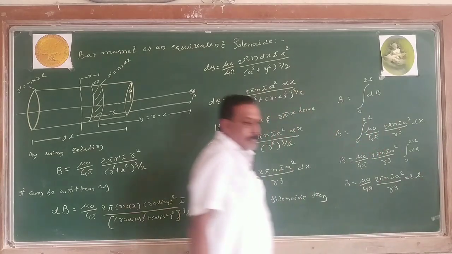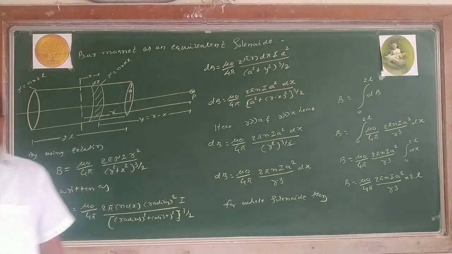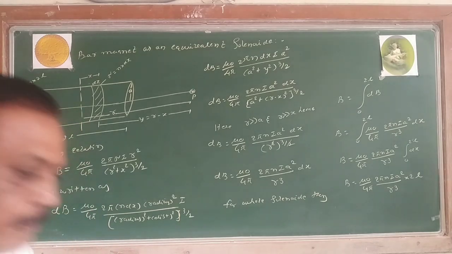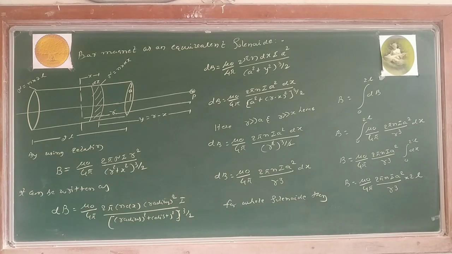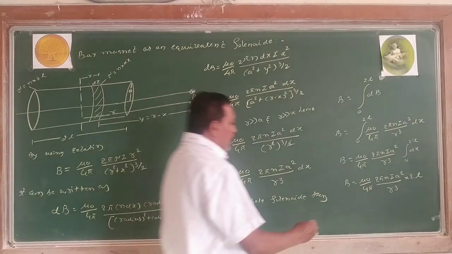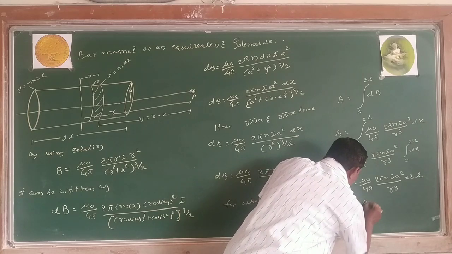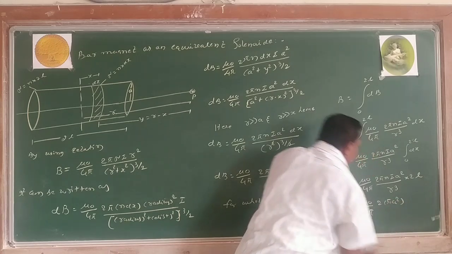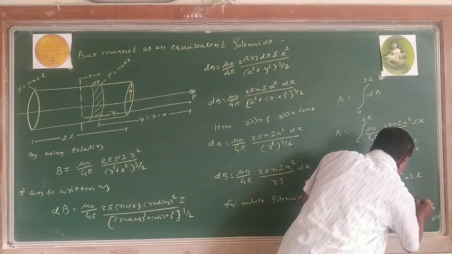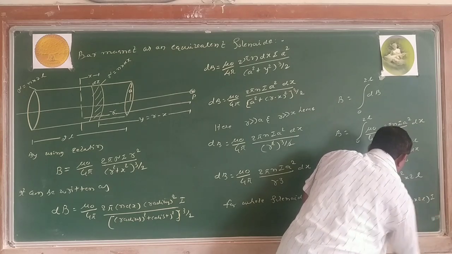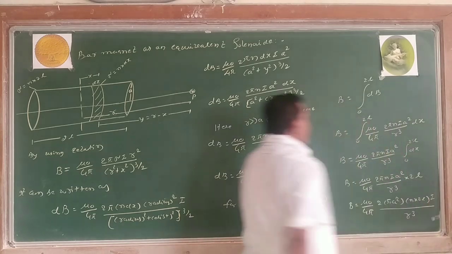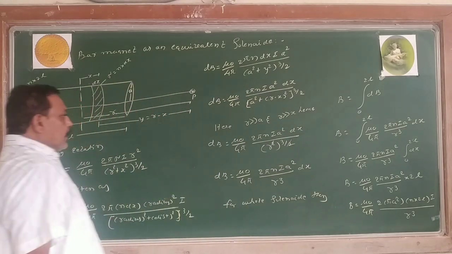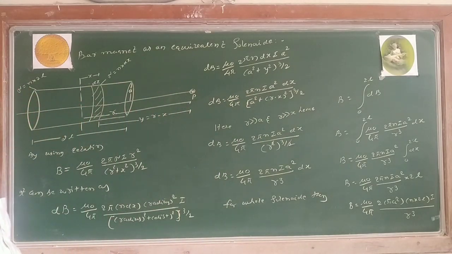See the steps carefully. Now I arrange this systematically. B equals mu naught divided by 4 pi, 2 pi a square, n into 2L, I by r cube. Correct. Then the final equation.